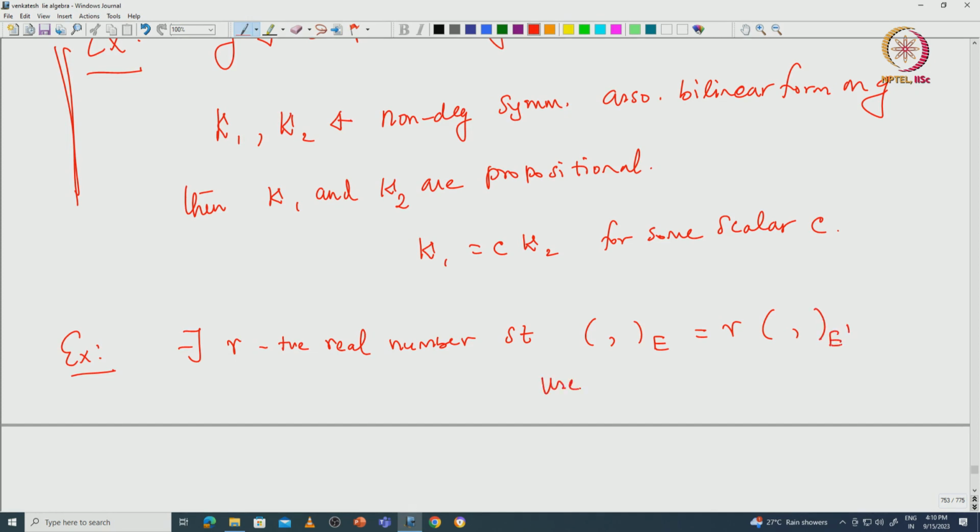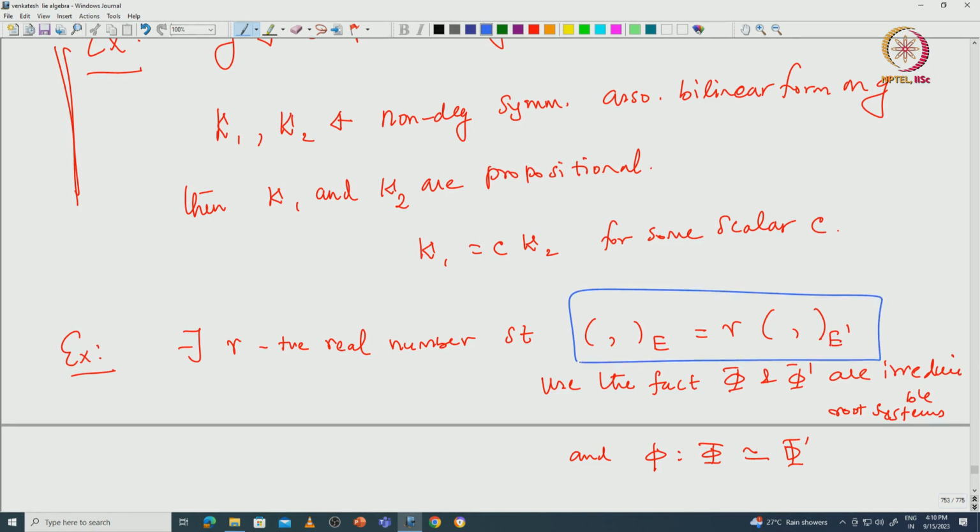So, use the fact that phi and phi dash are irreducible root systems and they are isomorphic. Using this isomorphism, you can conclude that these two positive definite forms are actually multiples of each other.